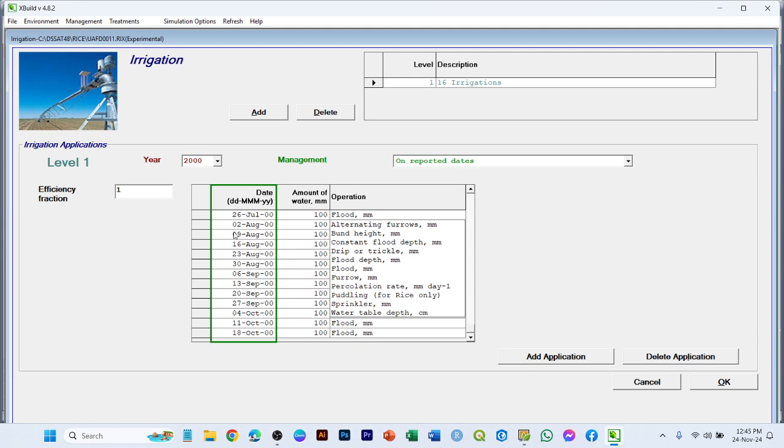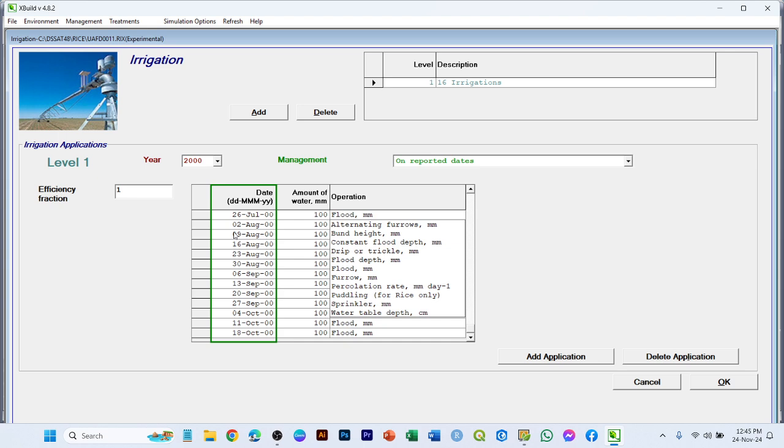Mean the fertilizer is in urea, in DAP, in other formats. And what is the fertilizer application method? Either it is broadcast, either it is line application, or other ways. And what is the depth of application?